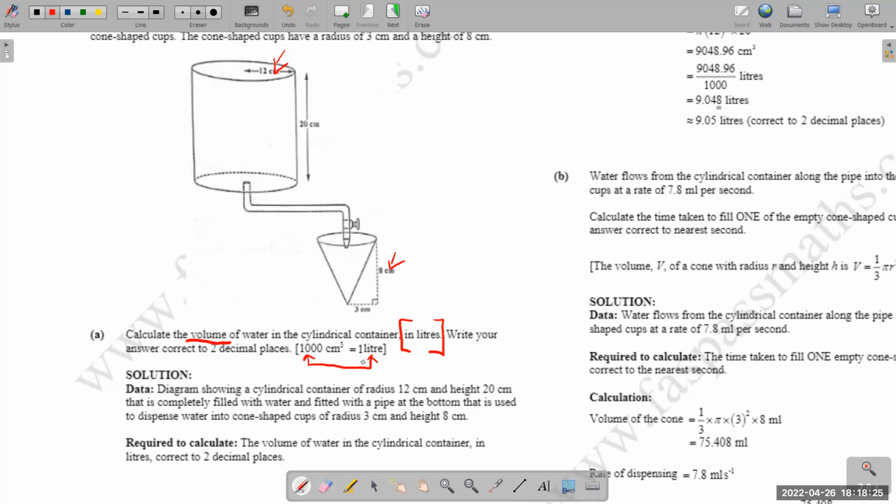Because this is the same thing that keeps coming over and over, times the height of the container. And what is the formula for the area of the circle? Pi r squared. So essentially the volume is equal to pi r squared times h.